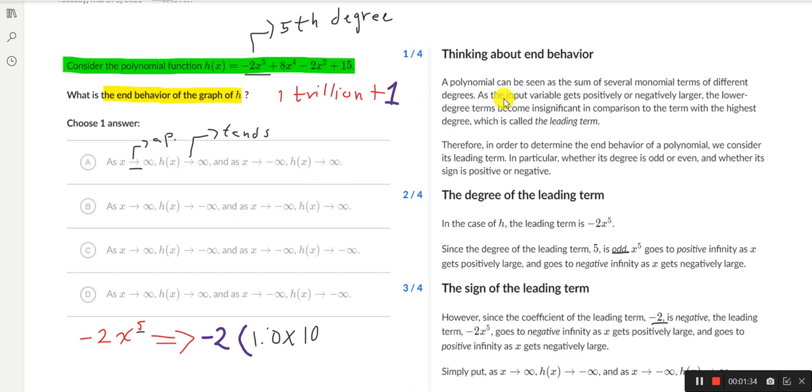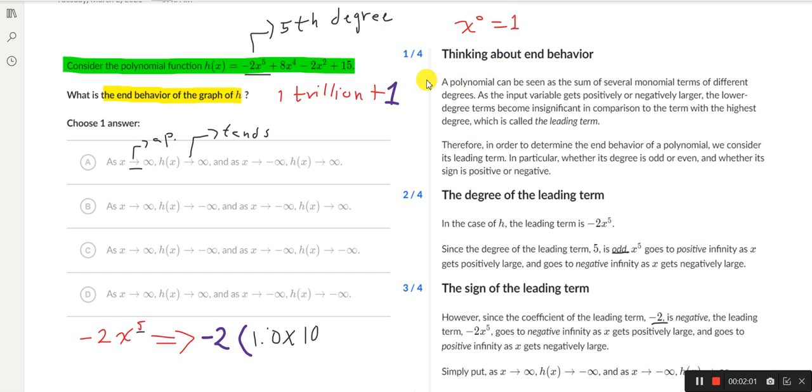Now, think about end behavior. A polynomial can be seen as the sum of several monomial terms of different degrees. You have it here: negative 2x to the power of 5 plus 8x to the power of 4 minus 2x to the power of 2 plus 15x to the power of 0. You know that anything to the power of 0 equals 1.